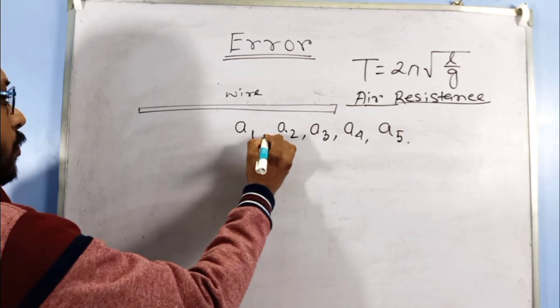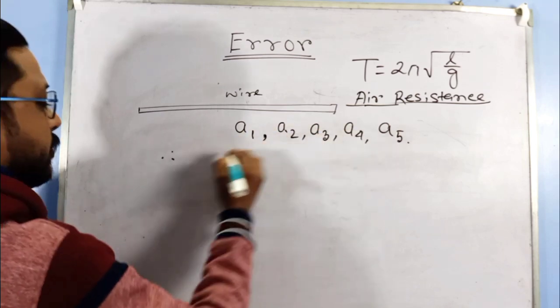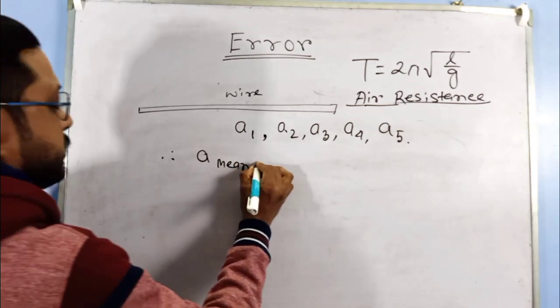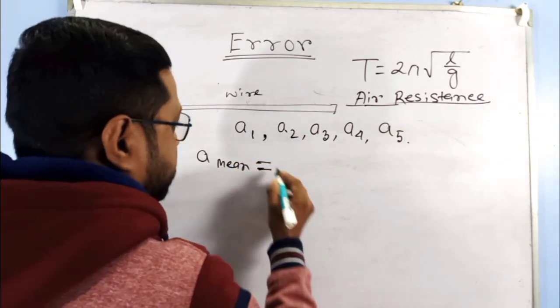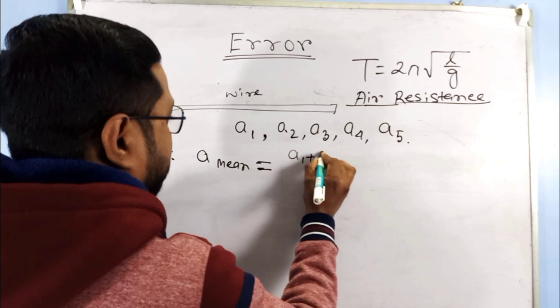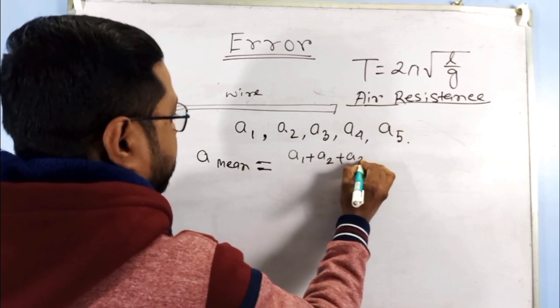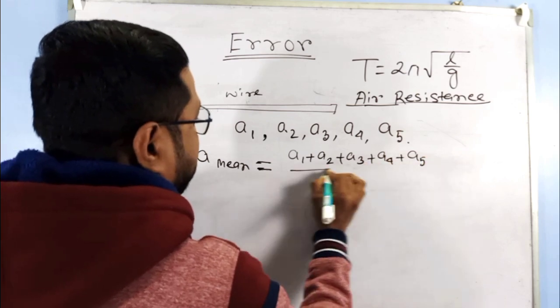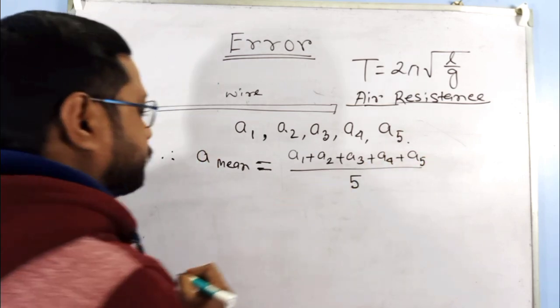Now what is the mean of this quantity? We know A mean is just the average of these values, that is A1 plus A2 plus A3 plus A4 plus A5 divided by 5.